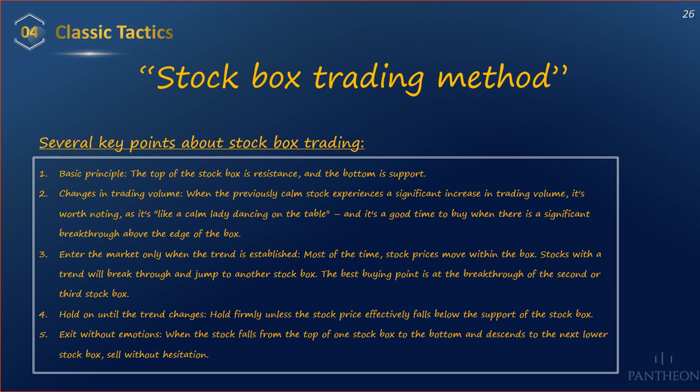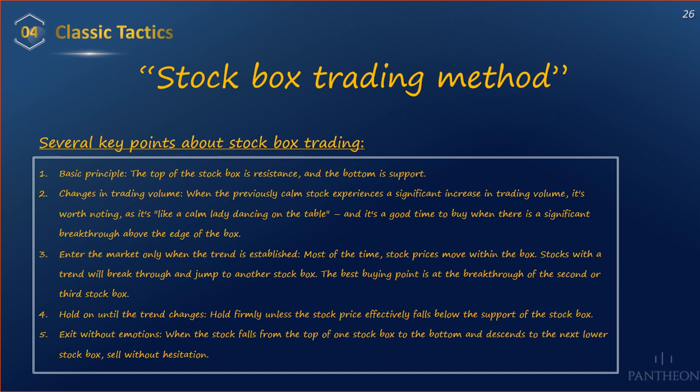For the next slide, okay, there are several key points about stock box trading. Okay, total there's 5. Number 1, basic principles. The top of the stock box is the resistance, and the bottom will be the support.